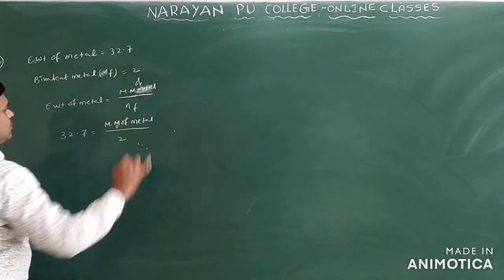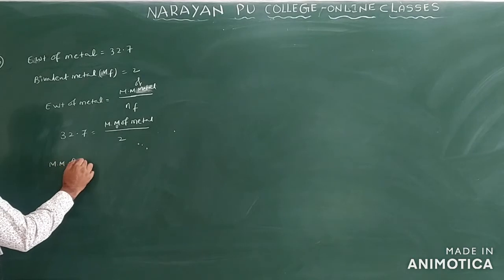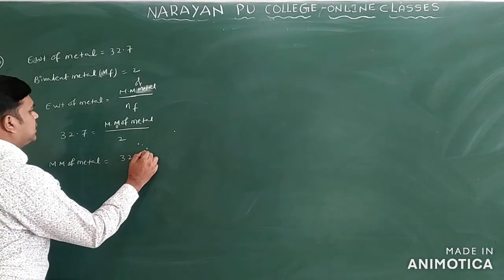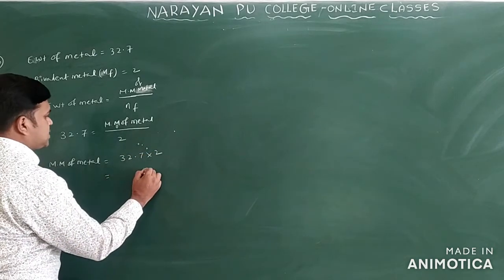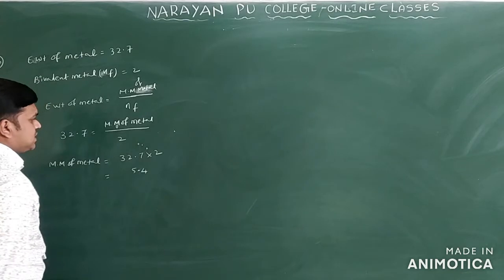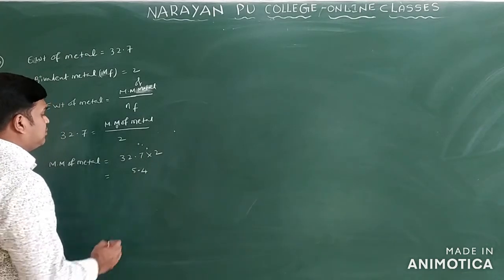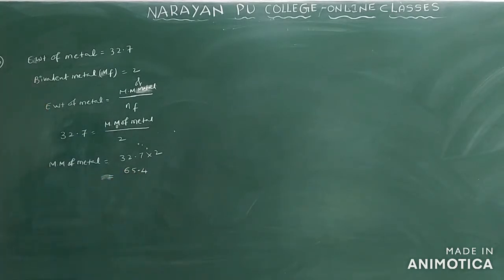Now we will find the molecular mass of metal is equal to 32.7 into 2. You can multiply, and it is 65.4. This is the molecular mass of the metal.